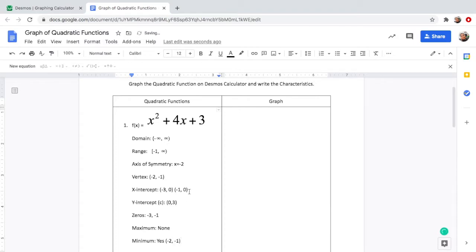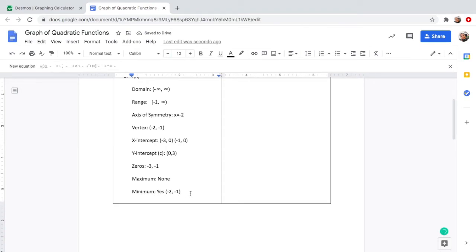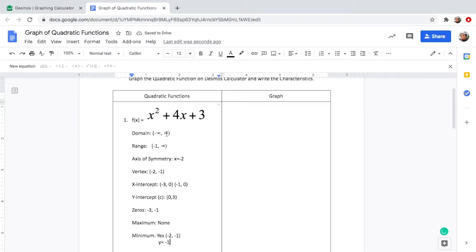And remember that your minimum value is your y-coordinate or y value. So therefore, the minimum value is y equals, what is the y value? -1. Alright? So this is the graph of the quadratic function x squared plus 4x plus 3 and its characteristics.